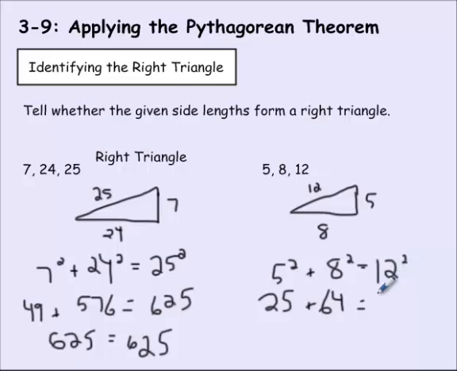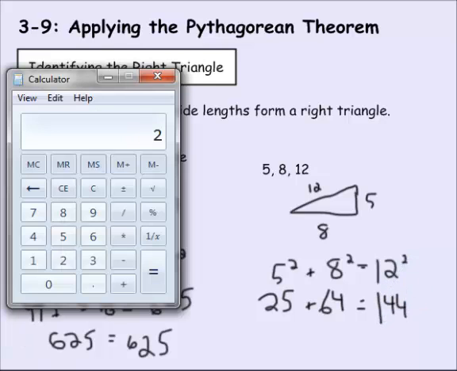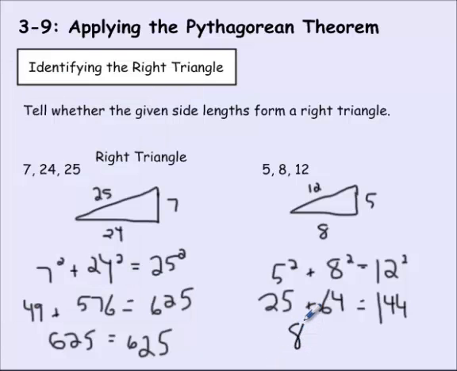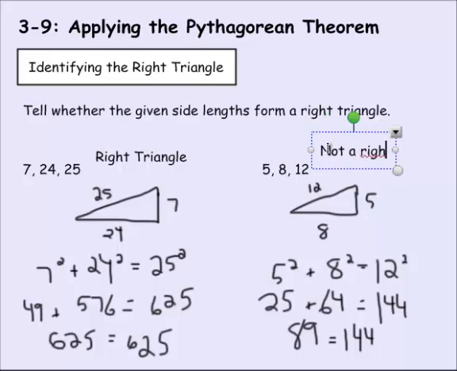And does that equal 12 squared, which is 144? Well, 25 plus 64 would be 89. And we're going to see here that 89 does not equal 144. So a squared plus b squared does not equal c squared. So this would not be a right triangle. Even though I drew it like that, it is not a right triangle. So you would say not a right triangle.